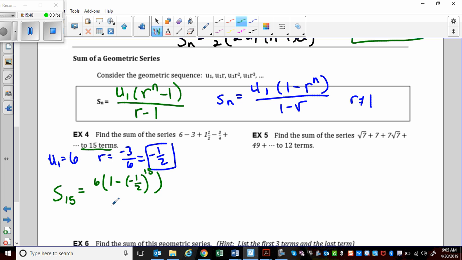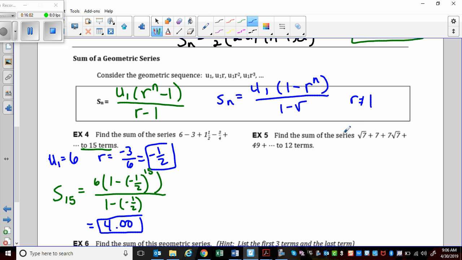Can you guys see that? Over 1 minus r, which is negative 1/2. Alrighty, I want you to just plug that into your calculator, and I think we're going to get something like 4. Round it. That's S sub 15.